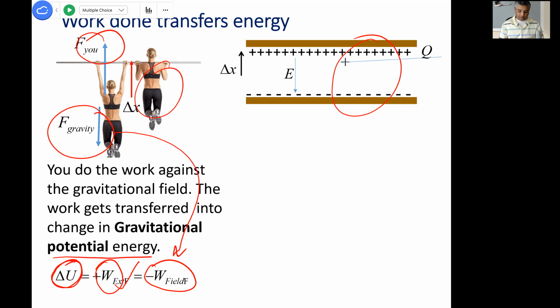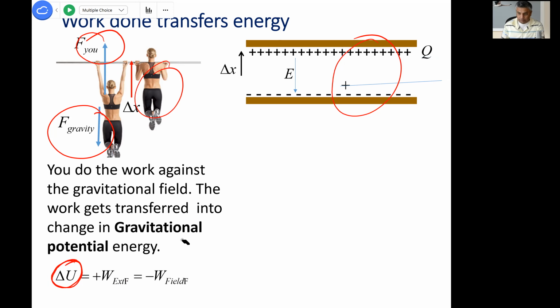So for example, if you want to see here, I'm talking about this thing going up, right? So displacement and the force you are applying are both up. So both of them in the same direction means theta is 0 degrees. Let's say the angle between them is 0 degrees, means work done is positive.